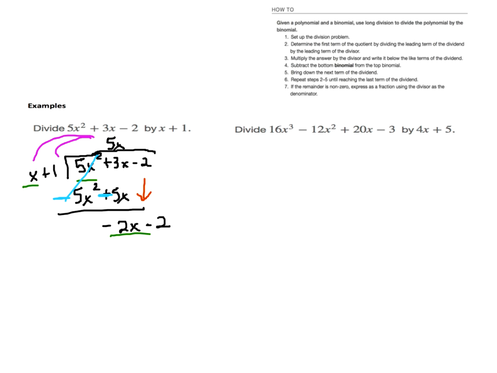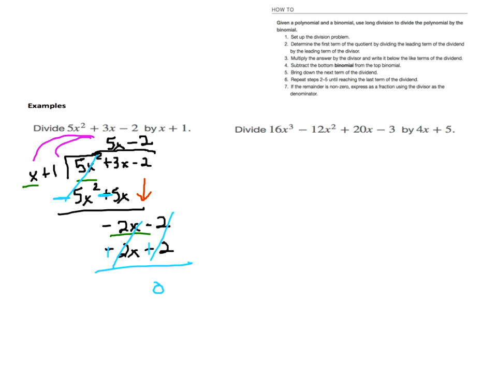And I'm ready once again to focus on first terms. What do I need to multiply x by to make negative 2x? That is negative 2. Negative 2 times x is negative 2x. Negative 2 times 1 is negative 2. Change my signs. And they both zero out. I have no remainder.